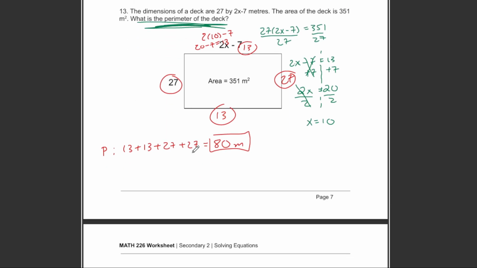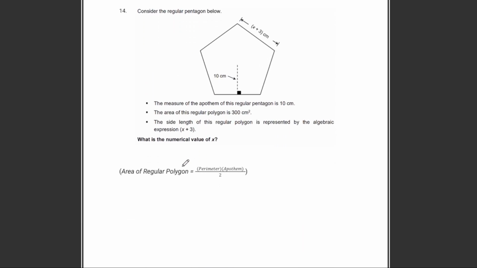Now, let's look at question 14. So we're given a pentagon. It says the measure of the apothem of this regular pentagon is 10 centimeters. Remember, the apothem is the distance from the center of your regular polygon to the center of one of its sides. Okay, so that dotted line there, it's a distance. So we know that's 10 centimeters.